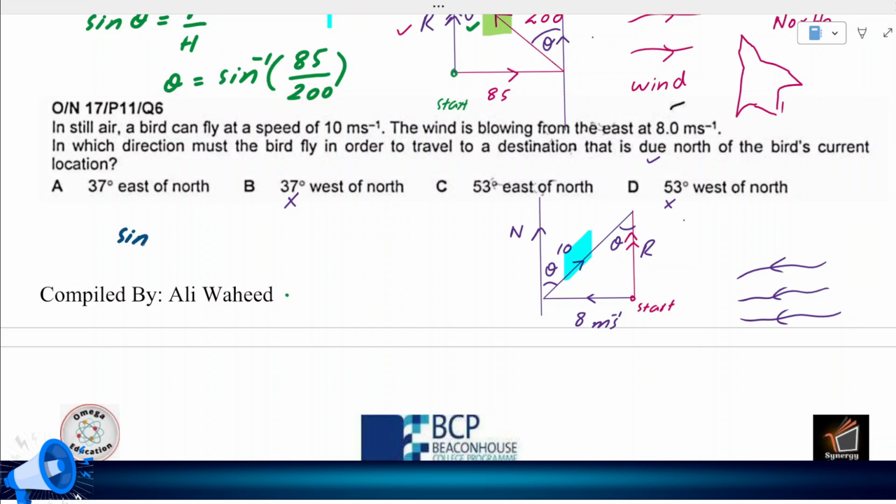So sine theta equals perpendicular over hypotenuse. So theta equals sine inverse 8 over 10. Then you hit it on the calculator, you'll be getting 53.